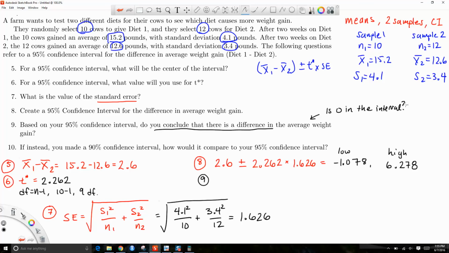Yeah, so 0 is a plausible value for the difference, meaning it's plausible that the difference between them is 0, or that there's no difference, okay? So it is plausible that there's no difference.